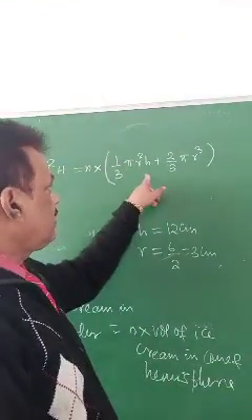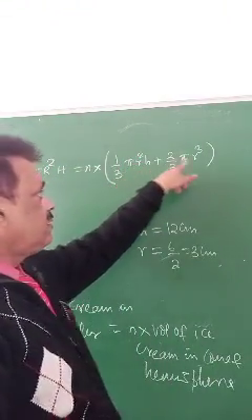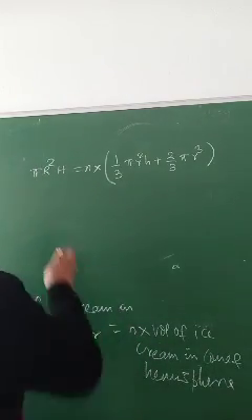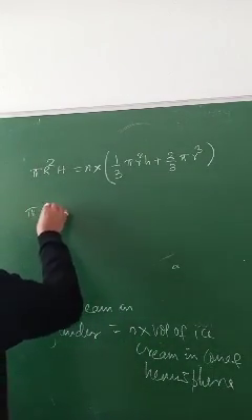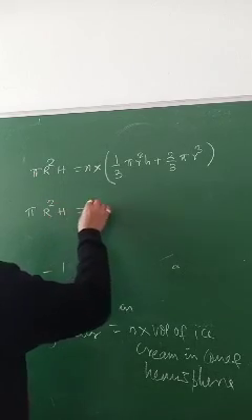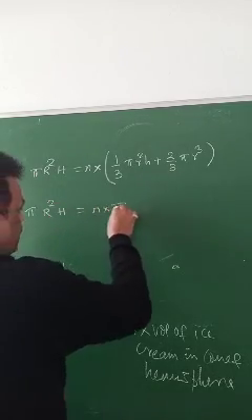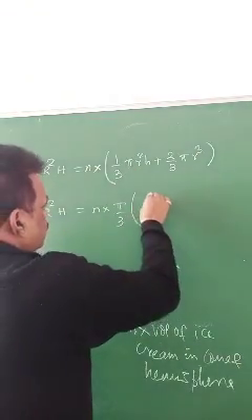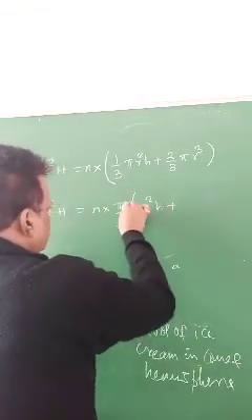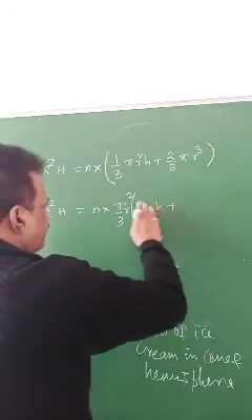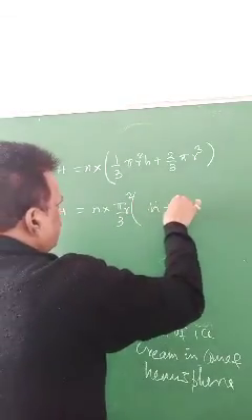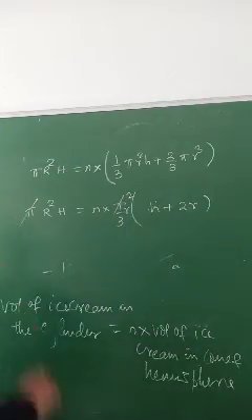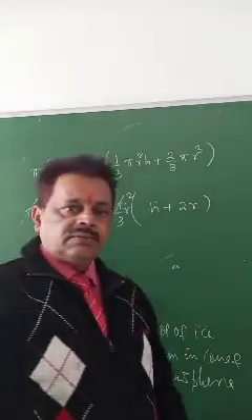This is one ice cream, this is cone and hemisphere. So simplification: pi R square H equals n into pi by 3 common, r square common, h plus 2r. The pi is cancelled. Easy to find out.